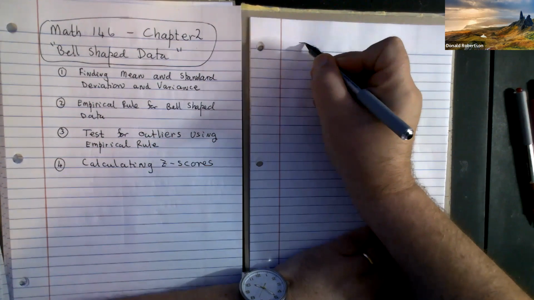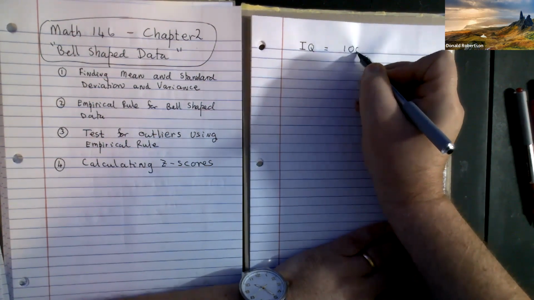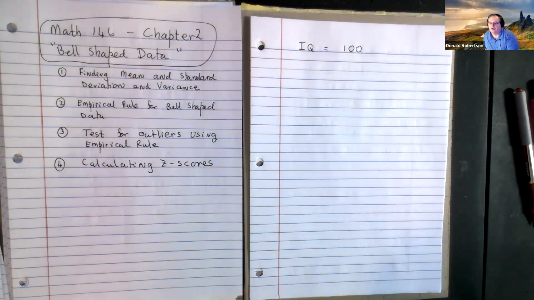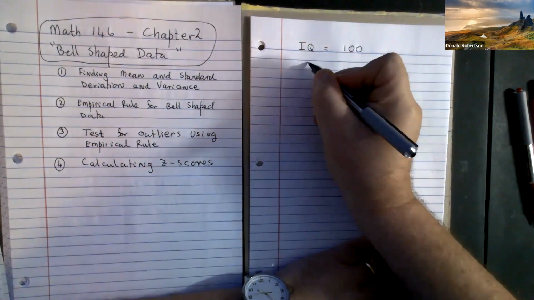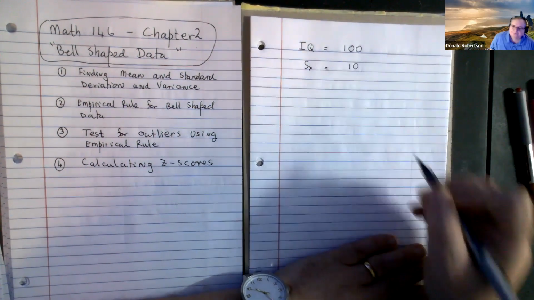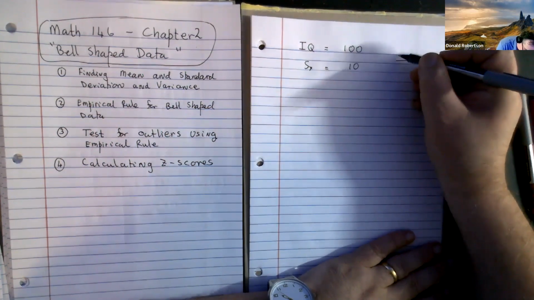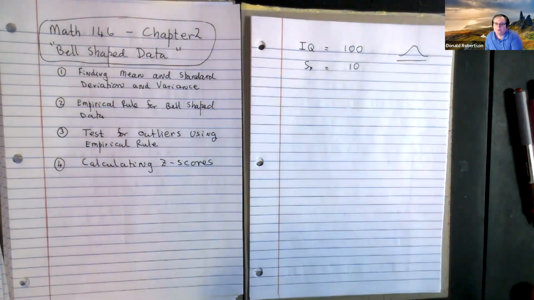There's a very common IQ test. And the average IQ of adults is 100. And the standard deviation is 10. Right? And IQs are pretty much bell-shaped.